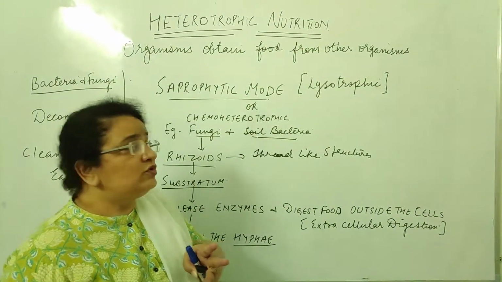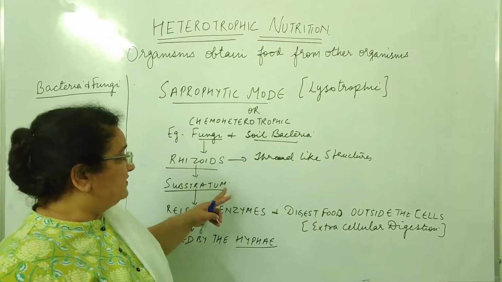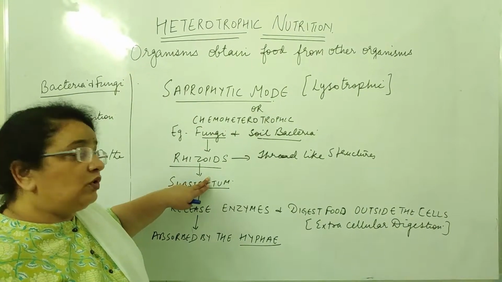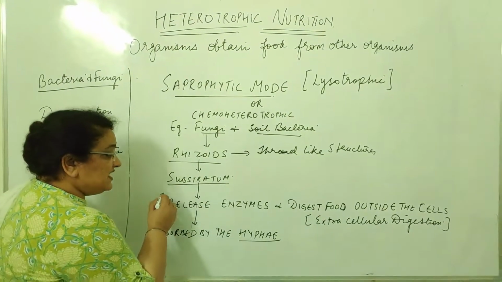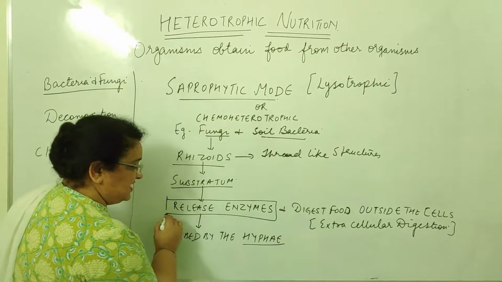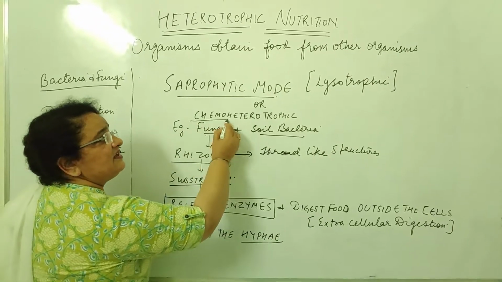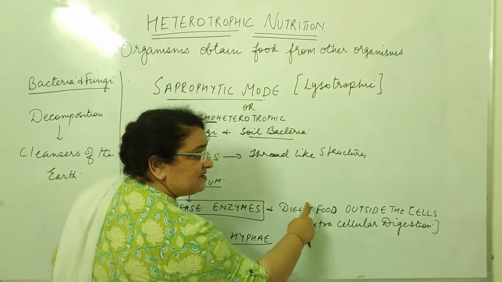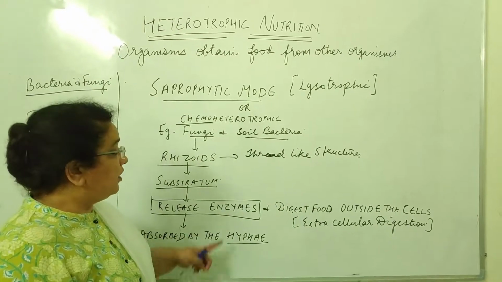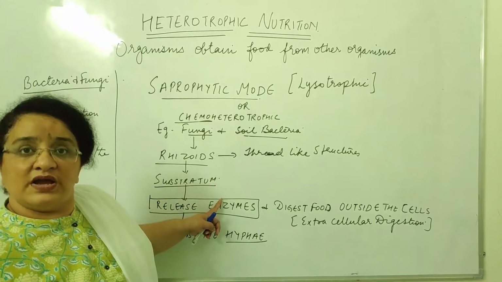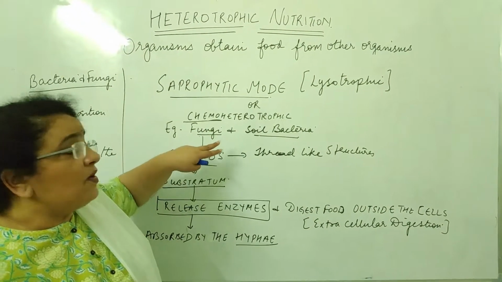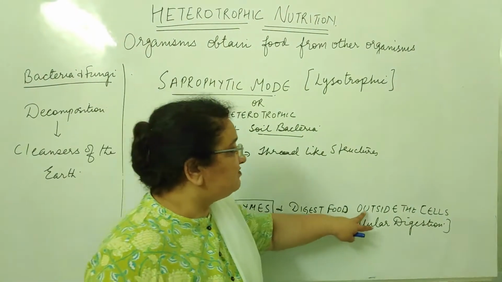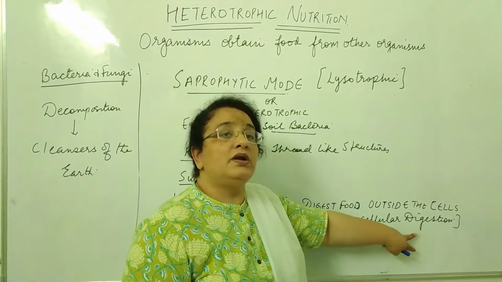Just like plants have roots, these fungi have rhizoids. So when they penetrate, what do they do over there? They release enzymes, that is, chemicals. And these enzymes digest the food outside the cells of the body of the fungus. So that is why it is also known as extracellular digestion.